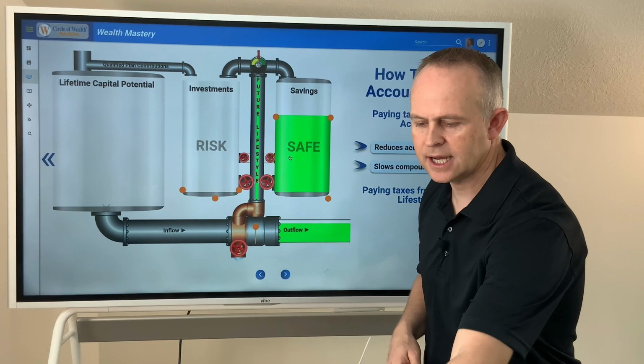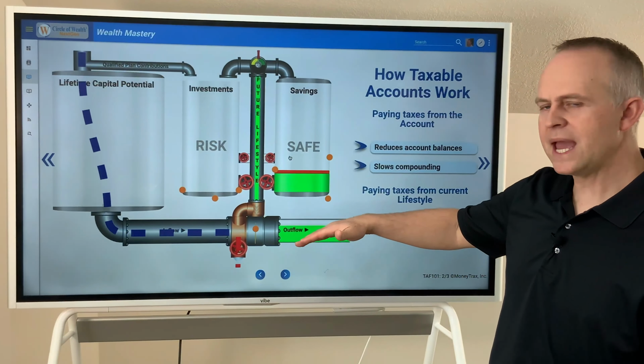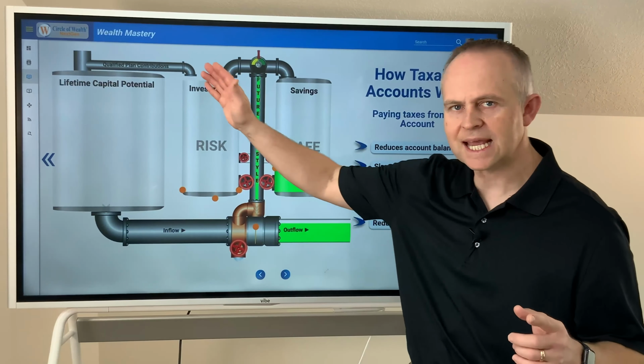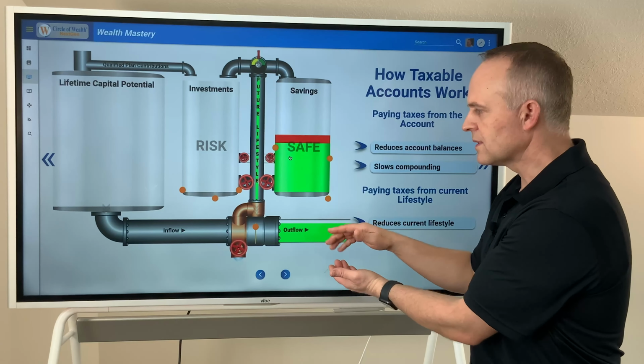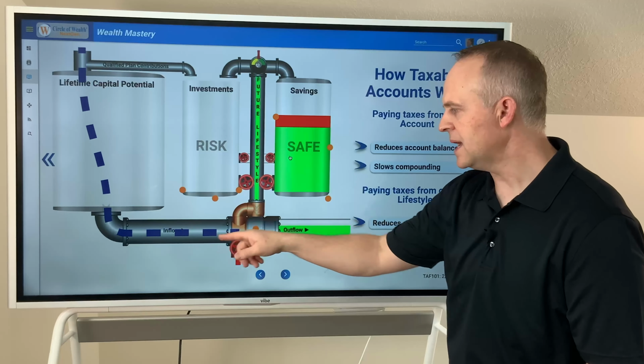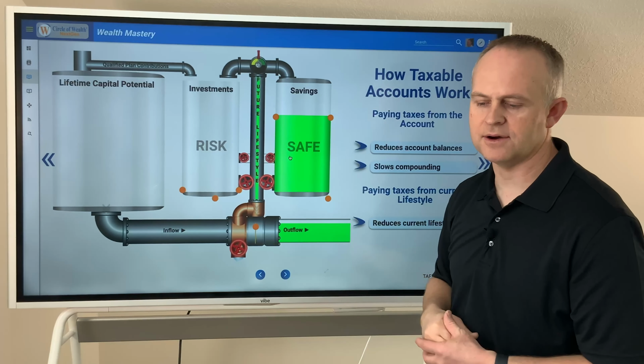Now let's talk about paying taxes from your current lifestyle. If you pay taxes from your current lifestyle, you're going to take income, and that's going to reduce your outflow, right? Because some of that income is going to be paid in taxes because of the growth of this account.